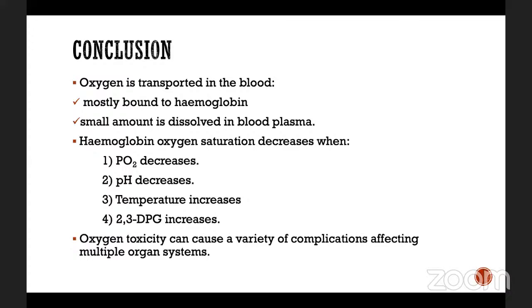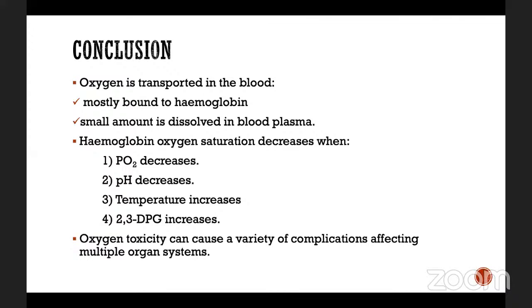However, some factors can affect how this oxygen can be utilized by tissue, whether it can be made readily available to the tissue, based on the tension or the pH of the blood, as well as the temperature of the patient and the level of 2,3-diphosphoglycerate.